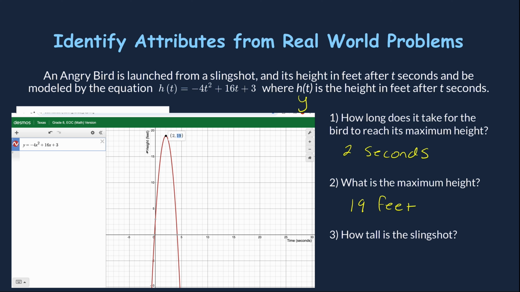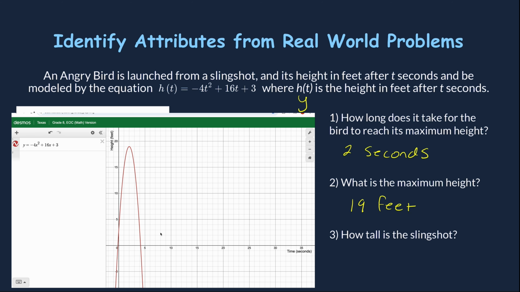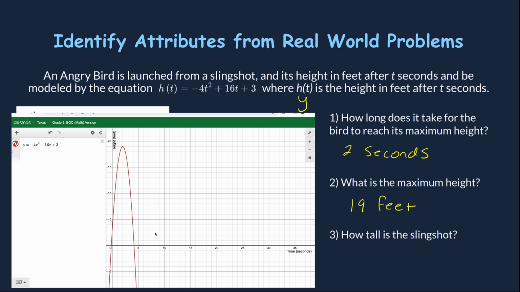We also want to know how tall the slingshot is. So if we're thinking, we can't have negative time. So all of these values past my y-axis, going left on my x-axis, are going to be negative. So we can pretty much ignore all of these values to the left of 0. And so I want to know at what point we start going to the positive side.